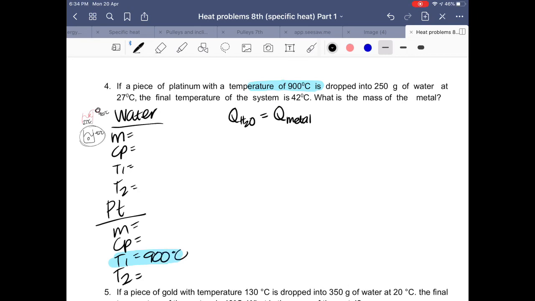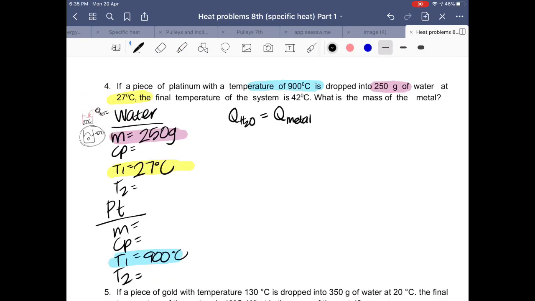Then it's dropped into 250 grams of water. So 250 grams of water, we have it here, 250 grams of water at 27 degrees Celsius. So you have 27 degrees Celsius, the initial temperature of the water.